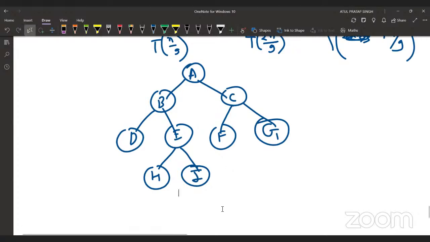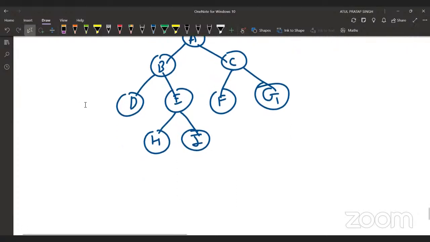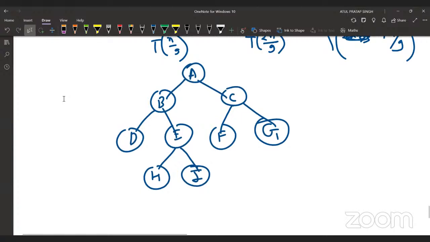We have this binary tree, and we want to perform the ordering. Pre-order, in-order, and post-order are all traversal algorithms. This is the way we can traverse the tree.